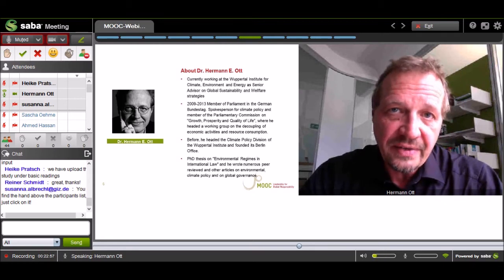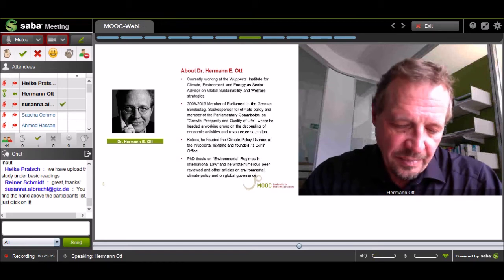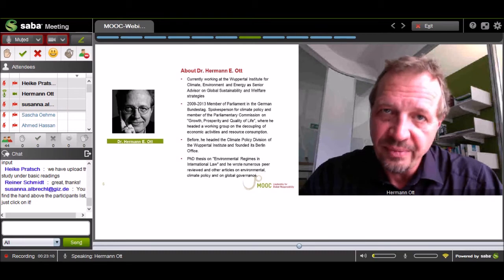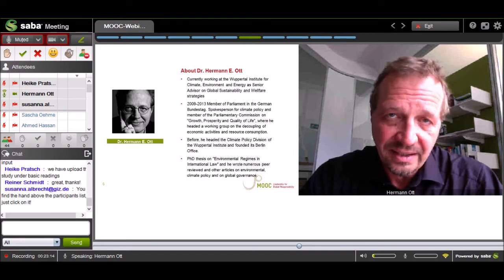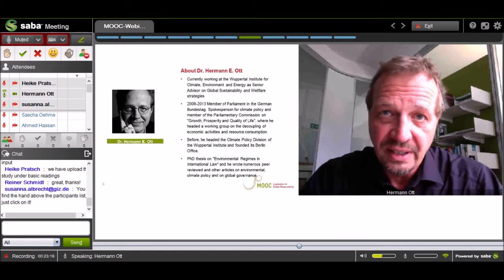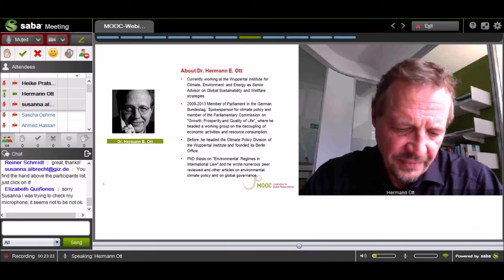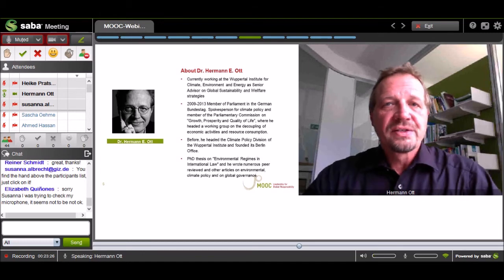It may be that there will not be a complete breakdown, as it happened in Copenhagen, but I fear that the results might be far from what is necessary if we want to successfully tackle climate change, if we want to successfully keep our planet below a 2-degree warming in the global average.